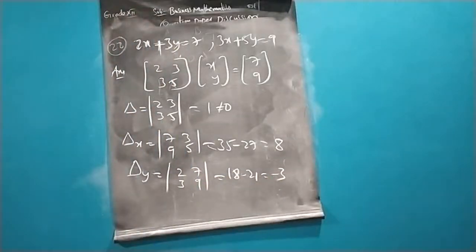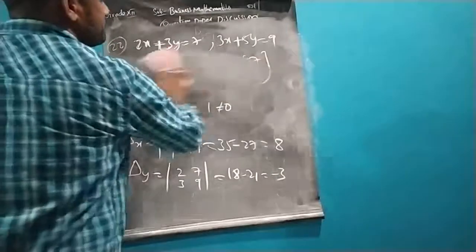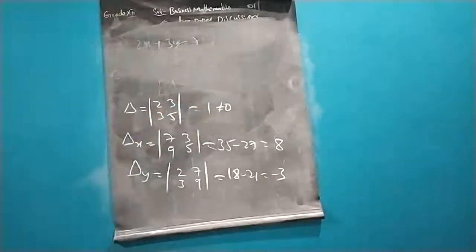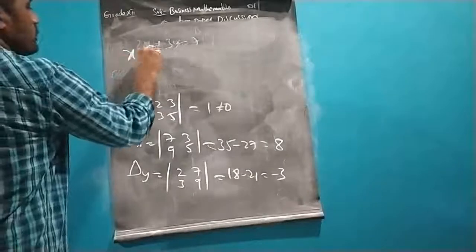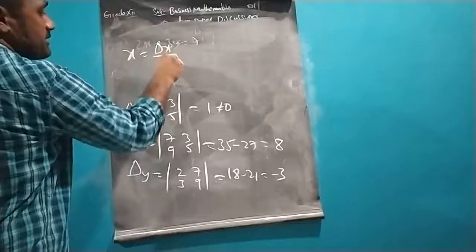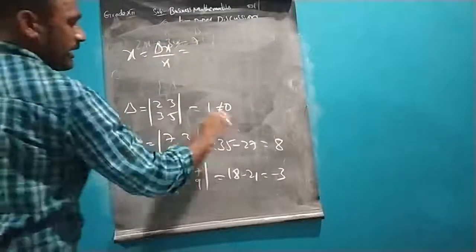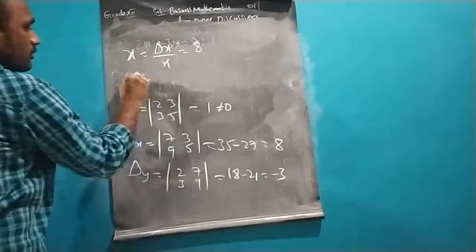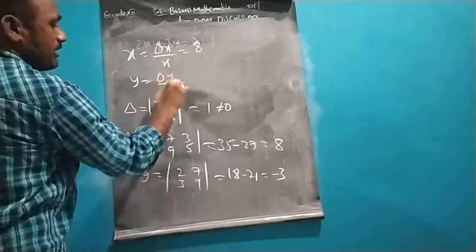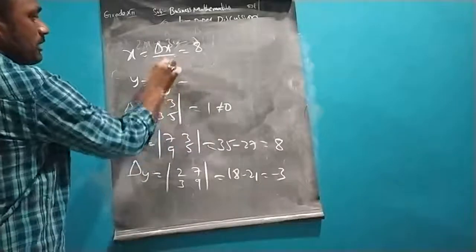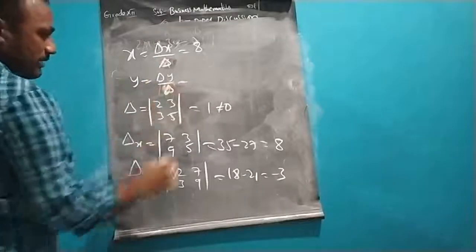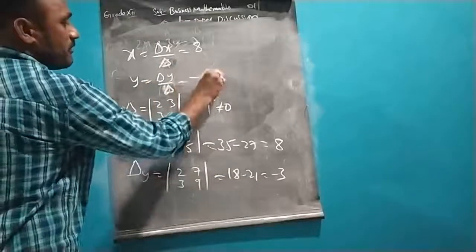So we need to find the x and y values here. By using Cramer's rule, already we know that x is equal to delta x by delta, which is 8 by 1, that is 8. The y value will be delta y by delta, that is minus 3 by 1, which is minus 3.